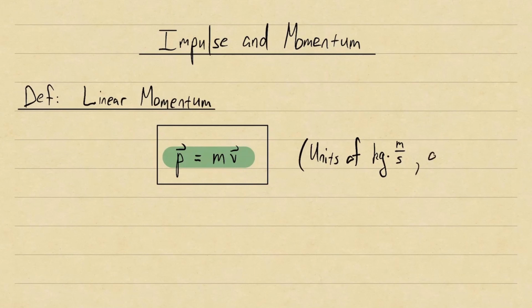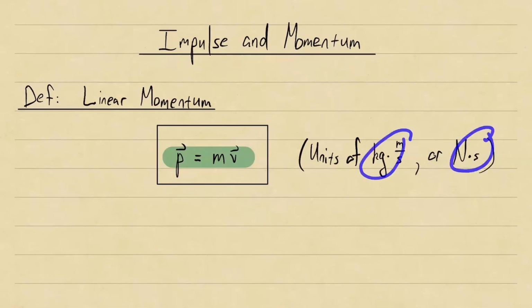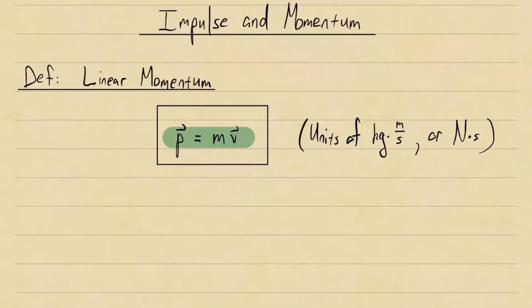But this is the same as a Newton times a second, if you will. So you could use either of these units when talking about momentum. They're both equivalent to one another. So if you want to increase the momentum of an object, you can increase its mass, or you can increase its velocity. Let's look at a quick problem talking about linear momentum.